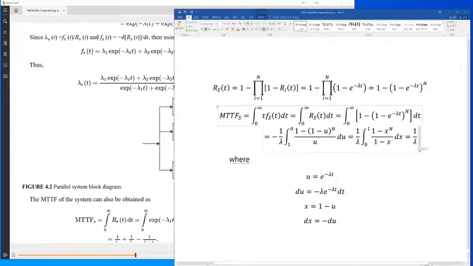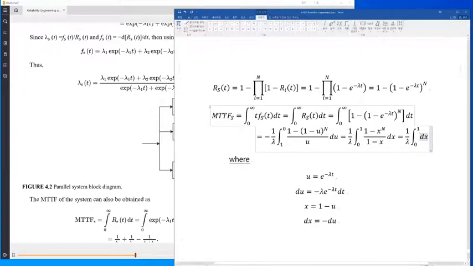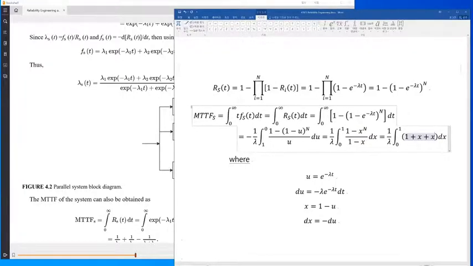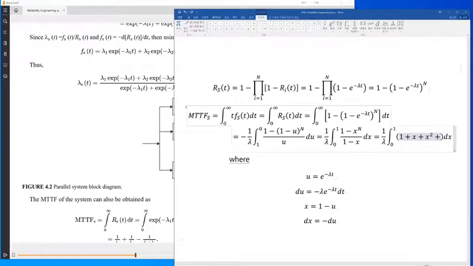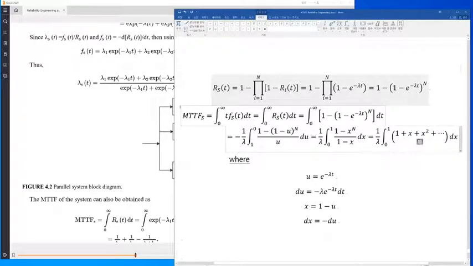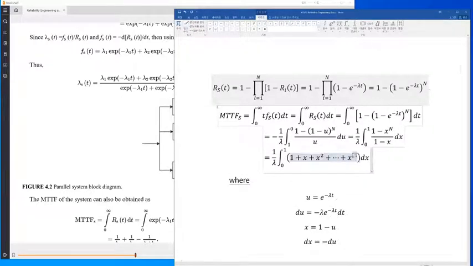So what we are going to have is 1 minus x, times 1 plus x plus x squared plus, and so on, until x to the power n minus 1.